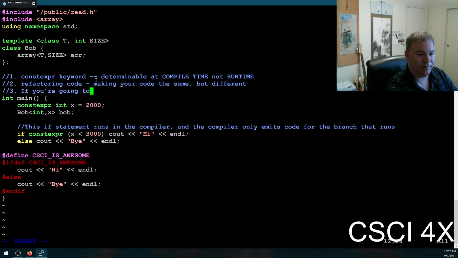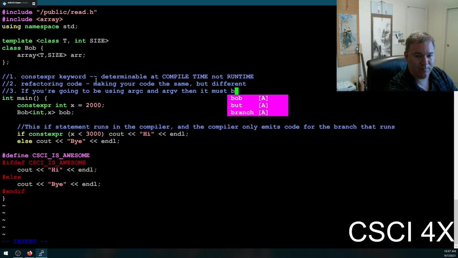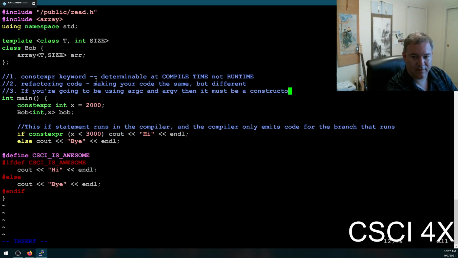If you are going to be using argc and argv, then it must be a constructor parameter.